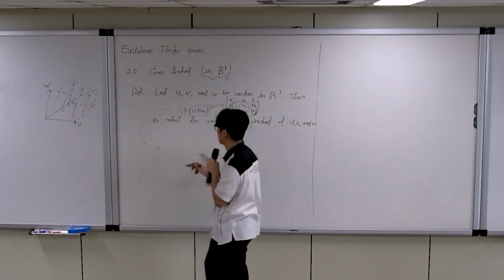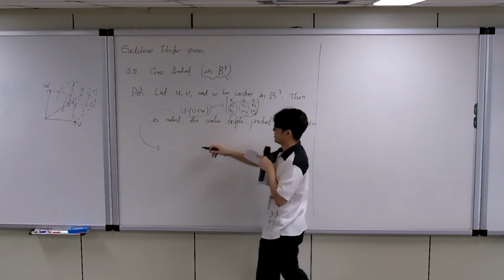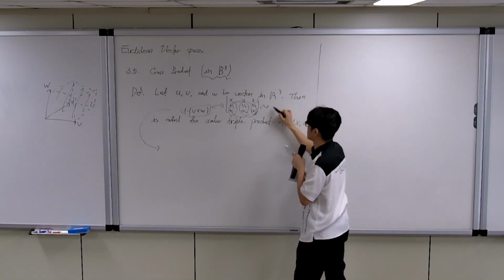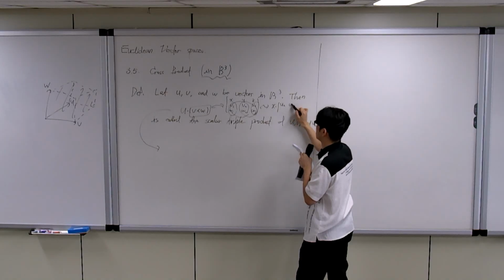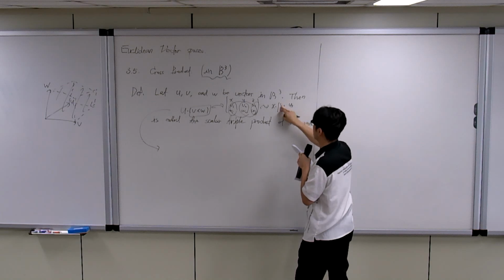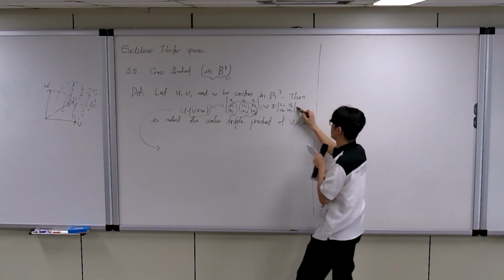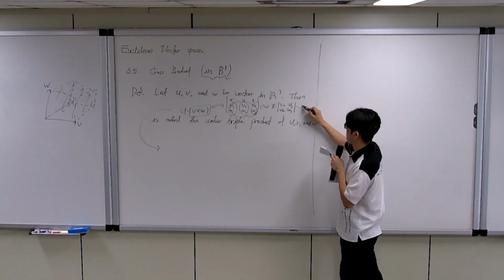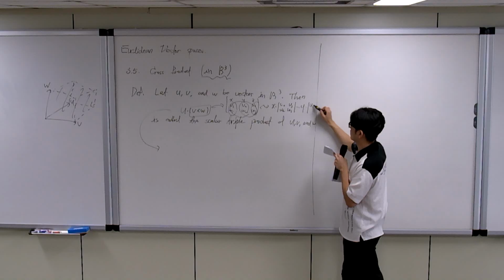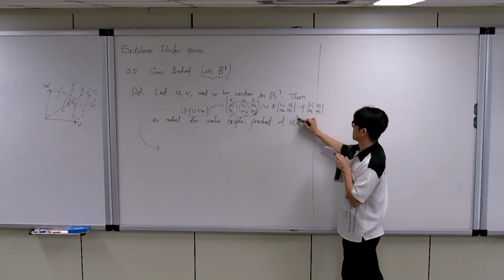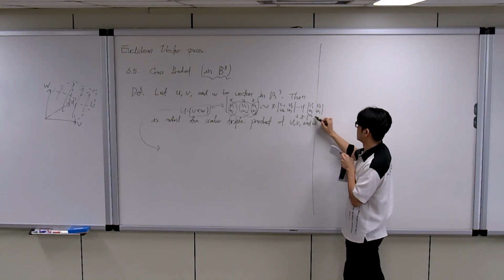And so by replacing x, y, z, that was x times the determinant of v2, v3, w2, w3, minus y times the determinant of v1, v3, w1, w3, plus z times the determinant of v2, v3, w2, w3.